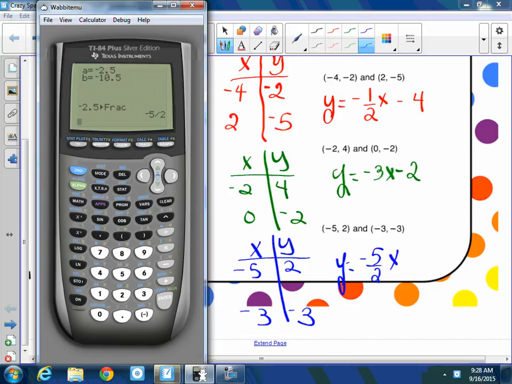Plus or minus? Minus 10.5. If you don't know how to turn that 10.5 into a fraction, no biggie, the calculator will do it. Most of you could probably do it in your head. That'll be 21 over 2. And that will be a minus because it was a minus 10.5, right?